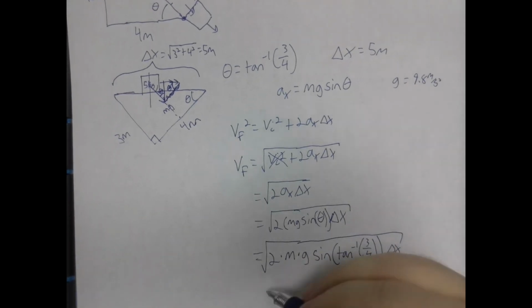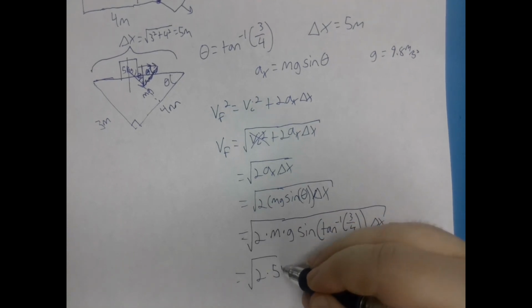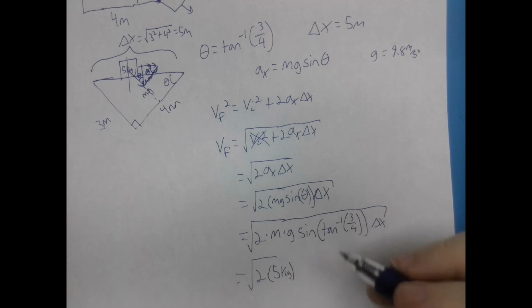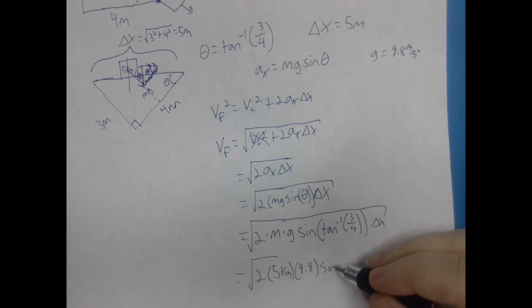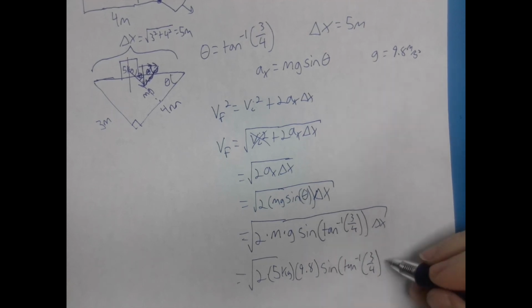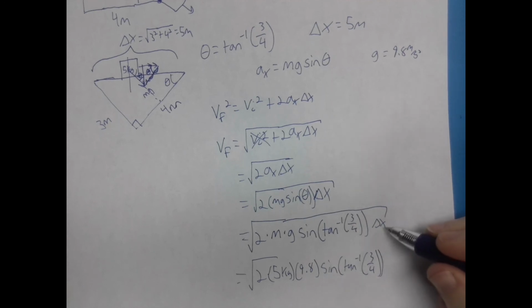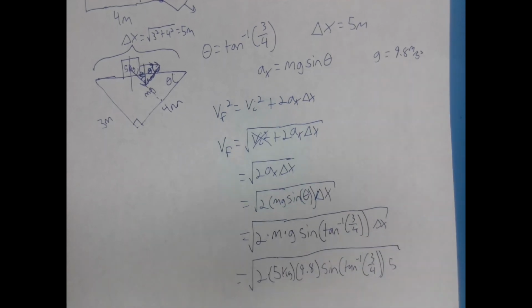I'll go ahead and plug values in. Square root of 2, our mass is 5 kilograms. Probably shouldn't use the answer. g was 9.8, 10 times sine of inverse tangent, and delta x was 5. So plugging that all into the calculator.